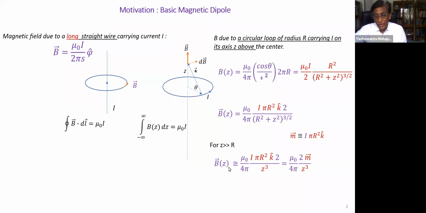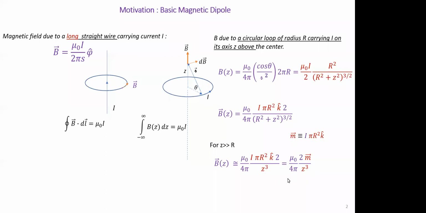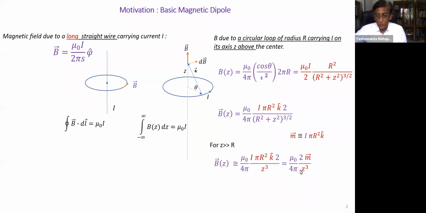All right. So B of z is something like the dipole field. And I am motivating the definition of a magnetic dipole moment, which of course is a vector quantity, just as p was a vector quantity in electrostatics. There it was the distance between the plus and minus, but here there is no plus and minus.